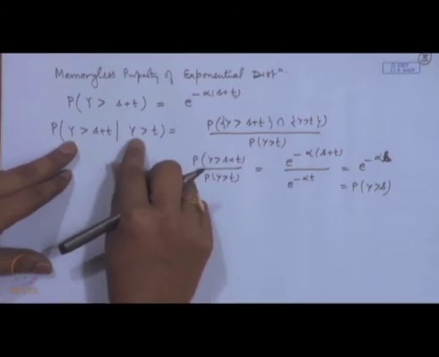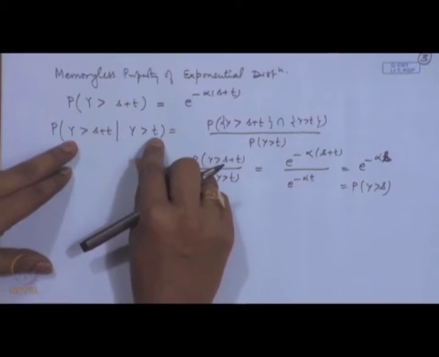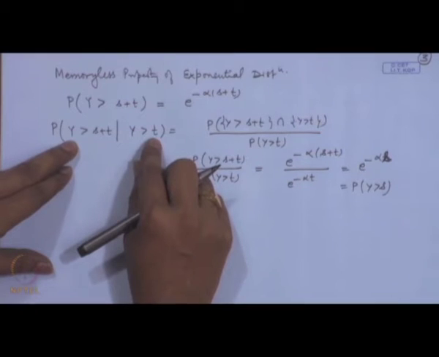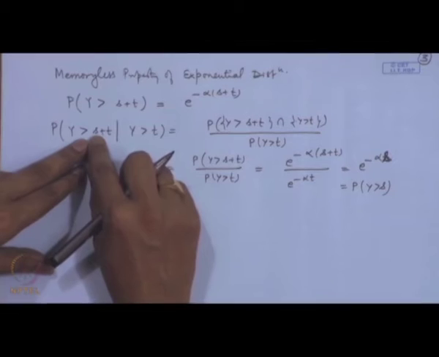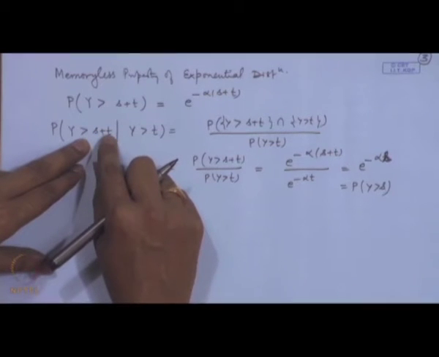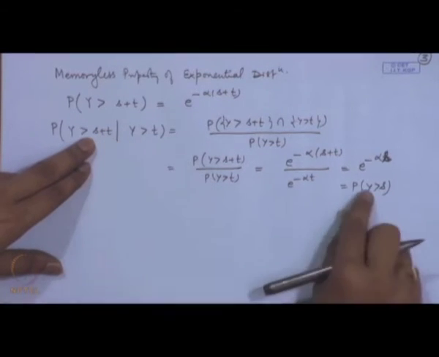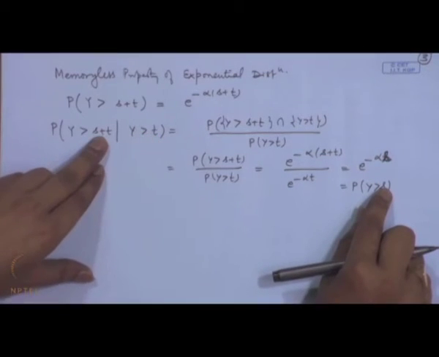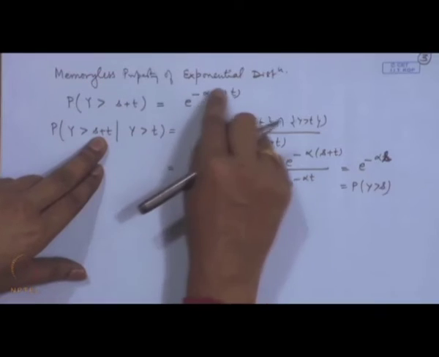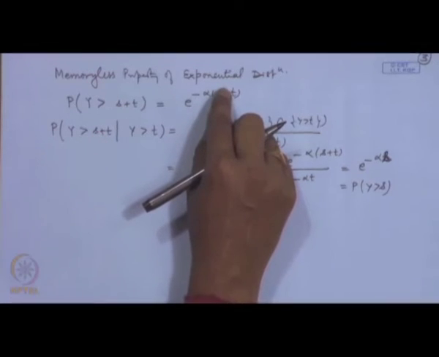And this one, if you look at, is starting from time t, because till time t the first occurrence is not there. What is the probability that we need additional s time, because it is going up to s plus t. It is the same as starting from 0. That means, the starting point does not matter. This is called the memoryless property of the exponential distribution.